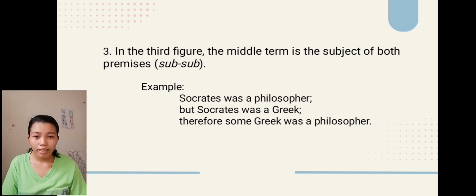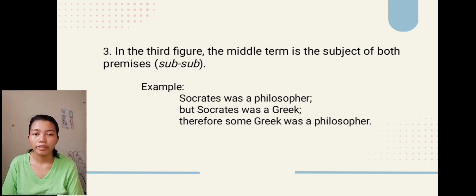So, in this example, the middle term is Socrates. In major premise, Socrates is the subject, and in the minor premise, Socrates is also a subject. In moods, the major premise, Socrates was a philosopher, is a universal affirmative.